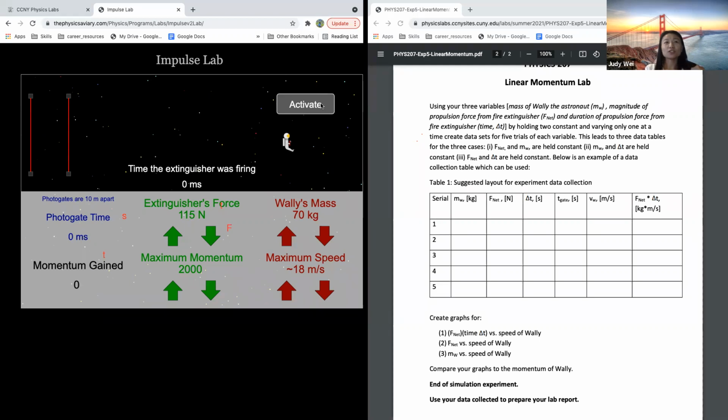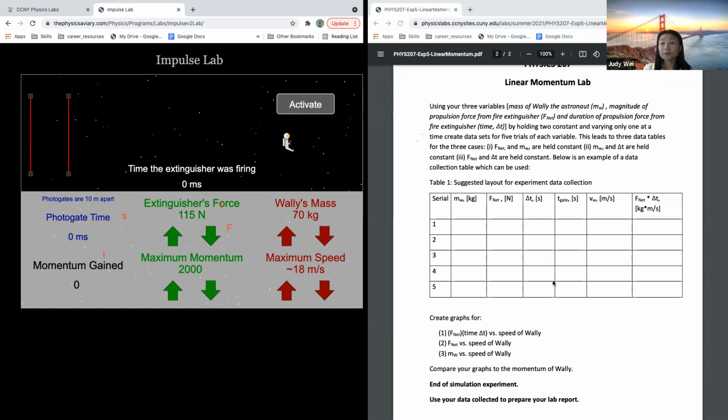If you shut off after the astronaut goes into the photogates, that means the motion between these 2 photogates is not constant, and you cannot use s divided by t to calculate the speed. So just make sure whenever you shut off the astronaut's extinguisher, you shut off before the first photogate, find 5 positions, and record the time here, the delta t, which is the time that the extinguisher was firing.